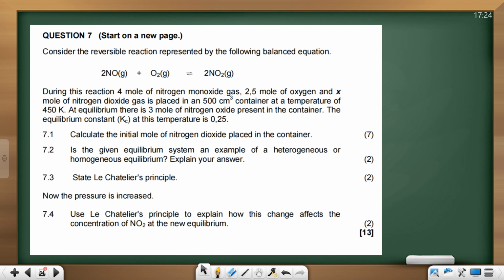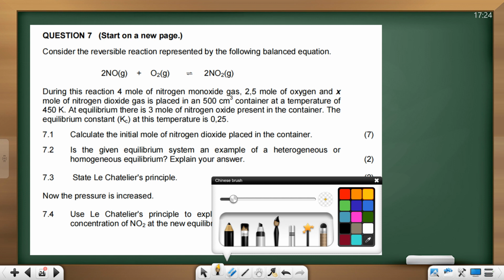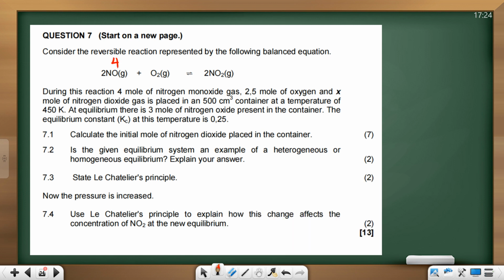During the reaction, 4 moles of nitrogen monoxide gas, 2,5 moles of oxygen and X moles of nitrogen dioxide is placed in a 500 cm cube. All right. So this is oxidation here.